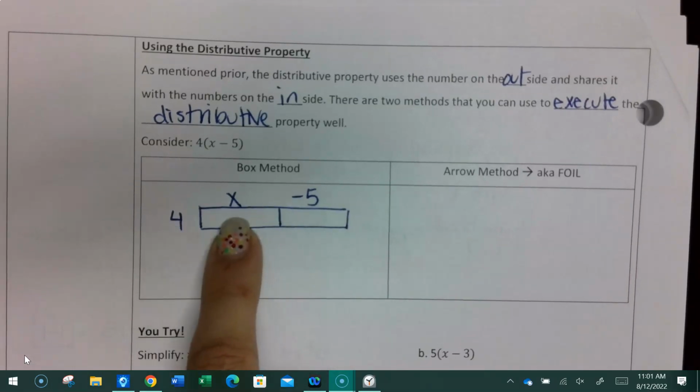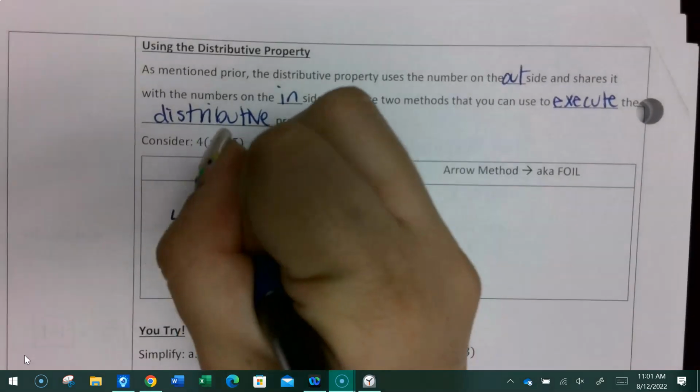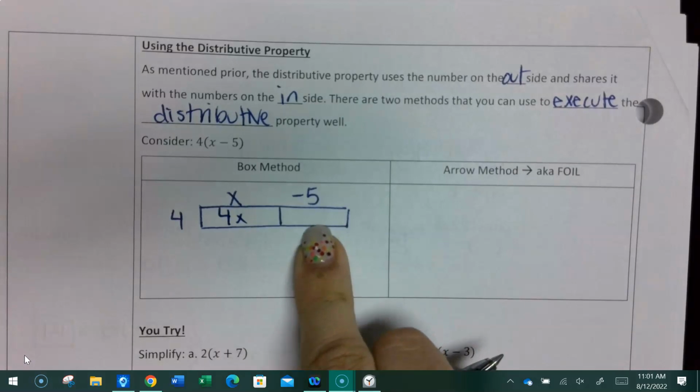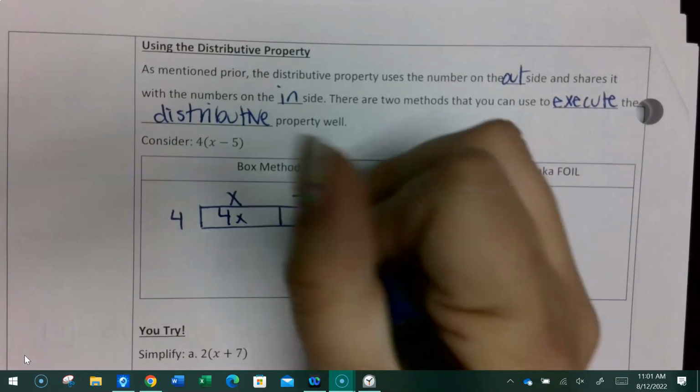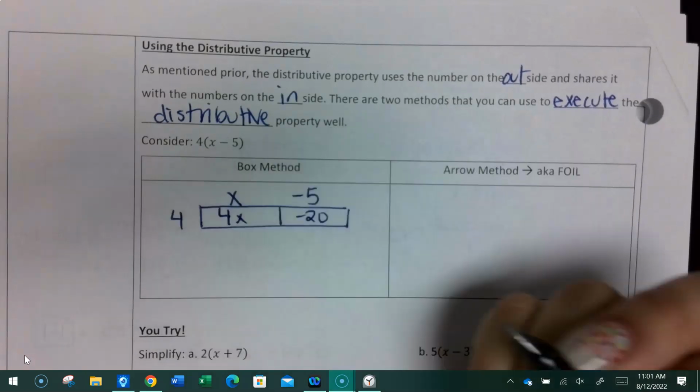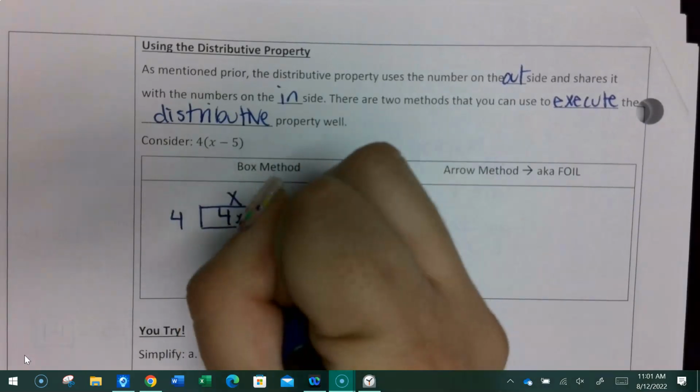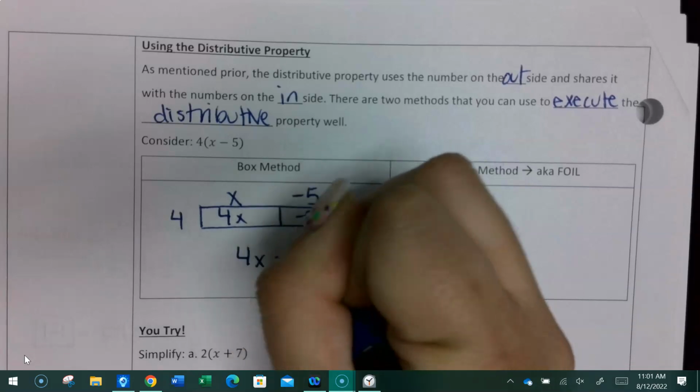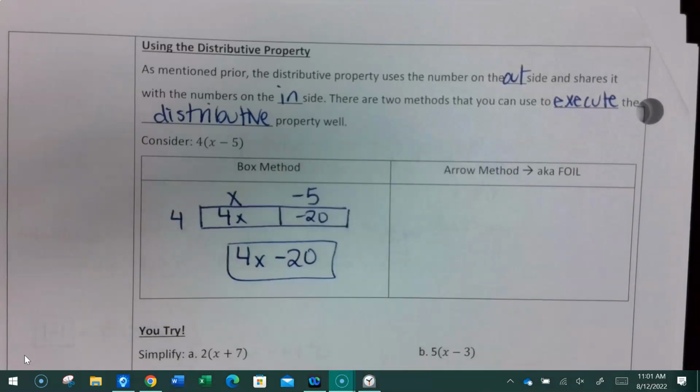So here I'm multiplying by x. What's 4 times x? Over here, I have 4 times negative 5. So my answer is just going to take the stuff from inside the boxes, and I have 4x minus 20.